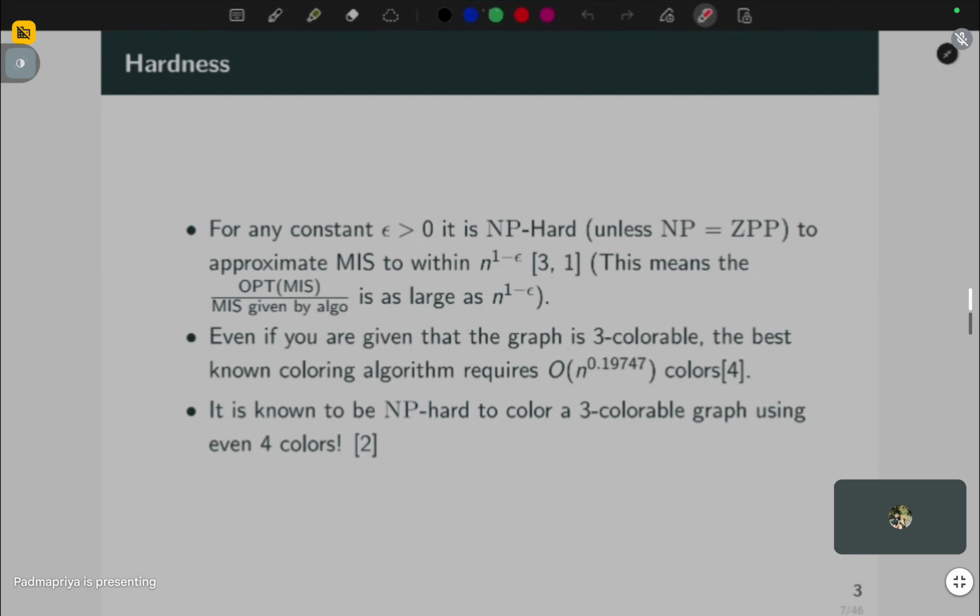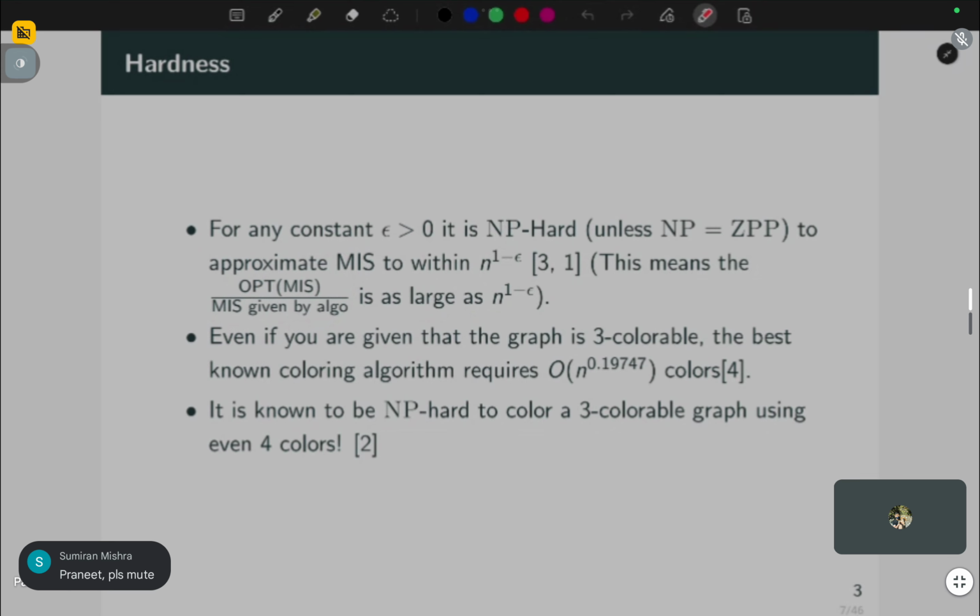That is, the optimal independent set size divided by what the best known algorithm could give is going to be as large as n to the power of 1 minus epsilon. That's pretty large. Even if your graph has a very big independent set, we can't even retrieve an epsilon fraction of it properly.